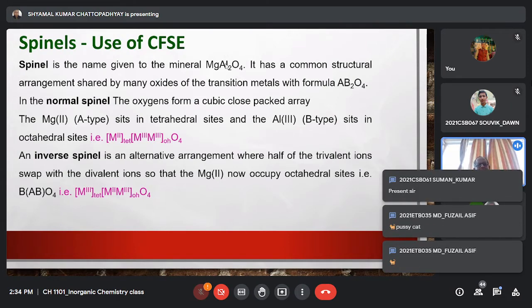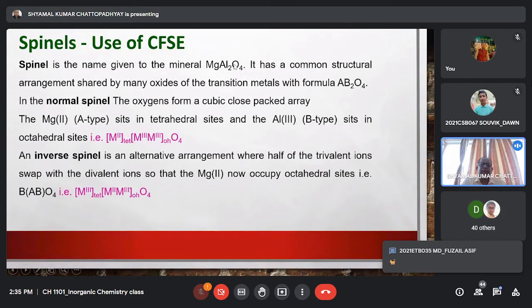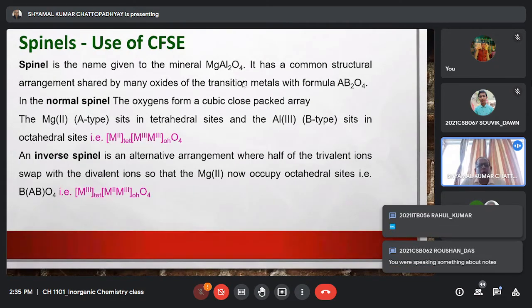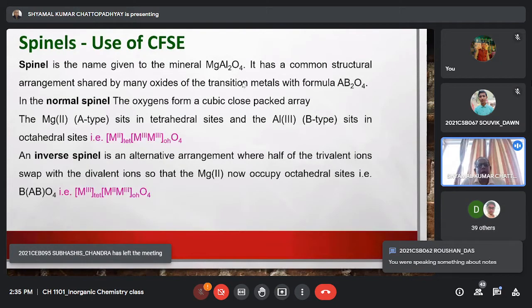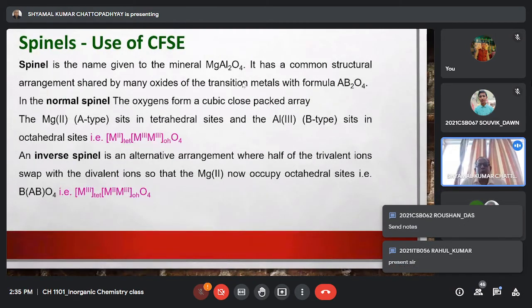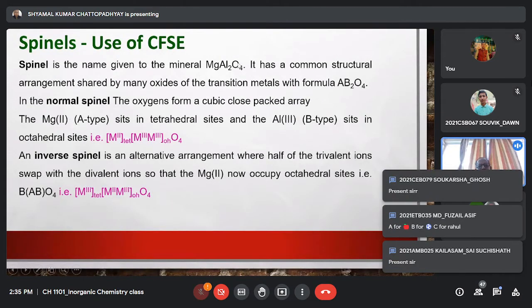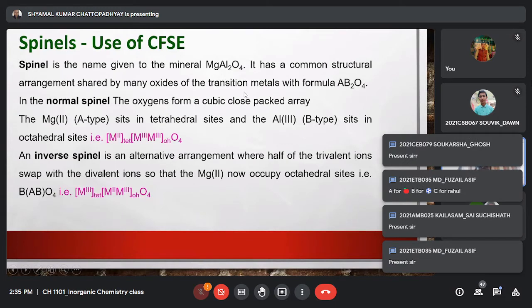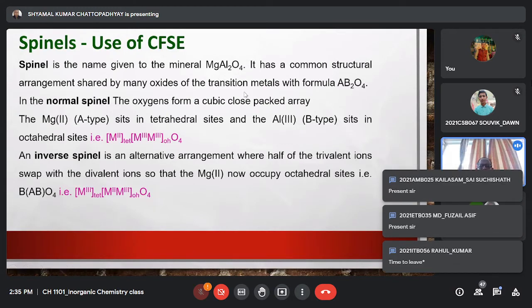Now, in the spinels, these oxygen atoms are arranged in such a way that they form certain pockets or holes, certain holes are octahedral and certain holes are tetrahedral, and in these holes the metal ions, which are relatively smaller in size, reside in these holes or pockets or voids. Now, obviously, in terms of electrostatic interaction, if a trivalent metal ion occupies the octahedral pocket, then it actually interacts with 6 negatively charged ligands.